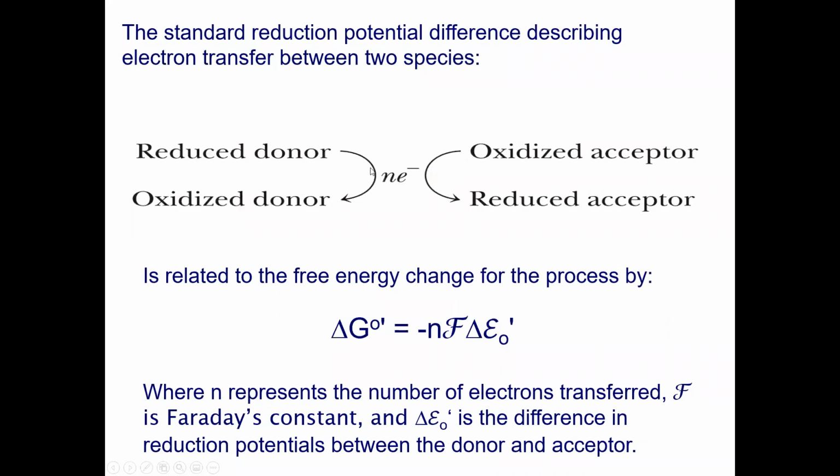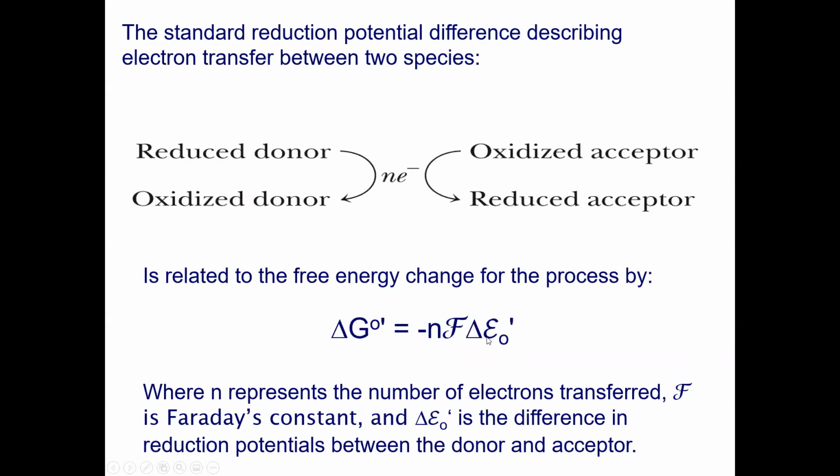You have seen this equation in your general chem classes. F is Faraday's constant, right? Delta E naught is the difference in the reduction potential between the donor and acceptor species, and n is the number of electrons transferred. So this is something that you know.